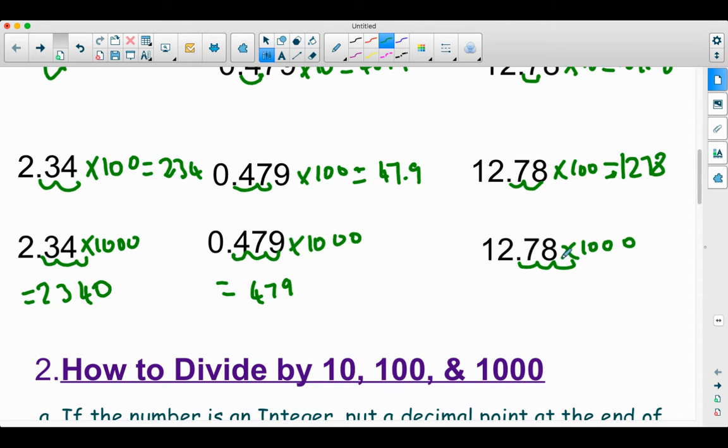That means an additional 0 would need to be added. So that will give us 12,780. So that's how you multiply a number, whether decimal or an integer, by 1, 10, 100, and 1,000.